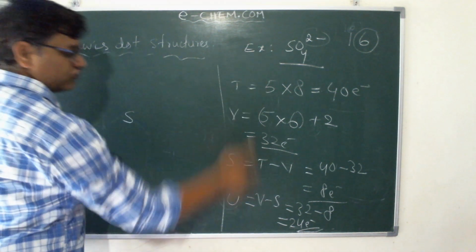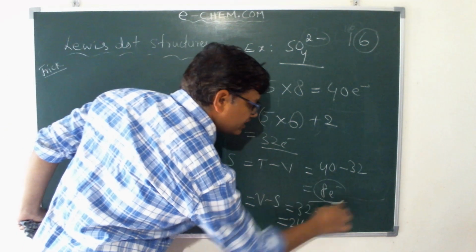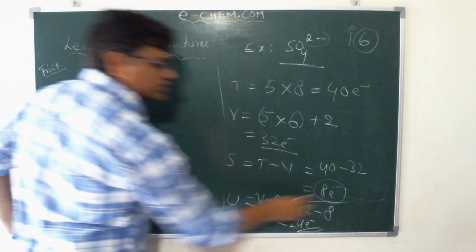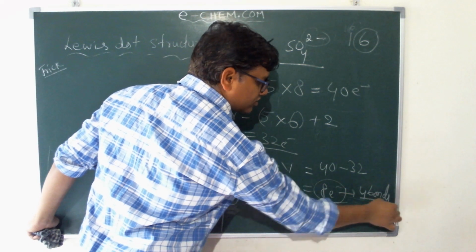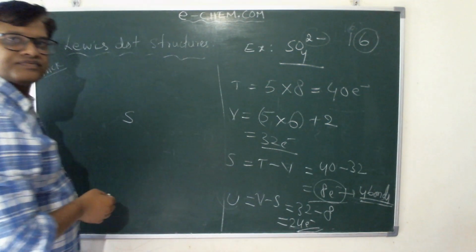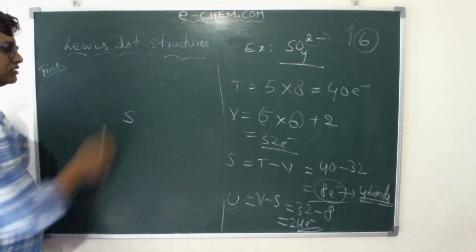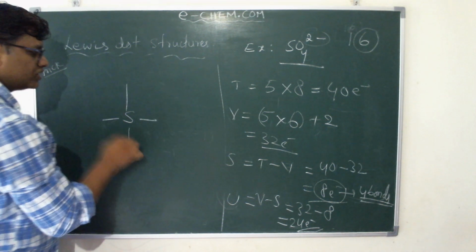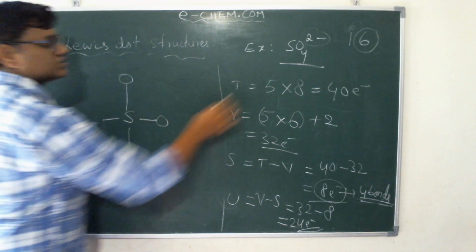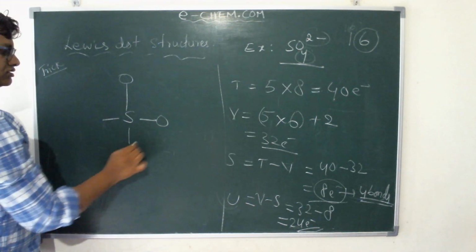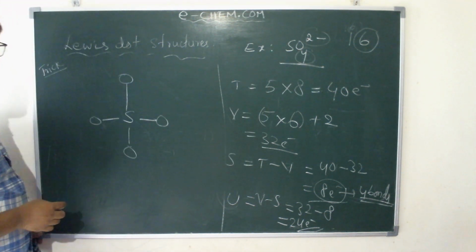So 4 bonds. Why? Because we got 8 shared electrons, so we can make 4 bonds. Half the number of these electrons gives the number of bonds. So we will get 4 bonds around the sulfur, with the 4 oxygens like this.